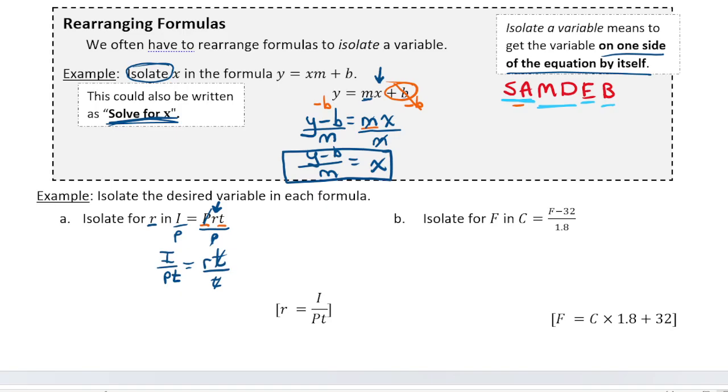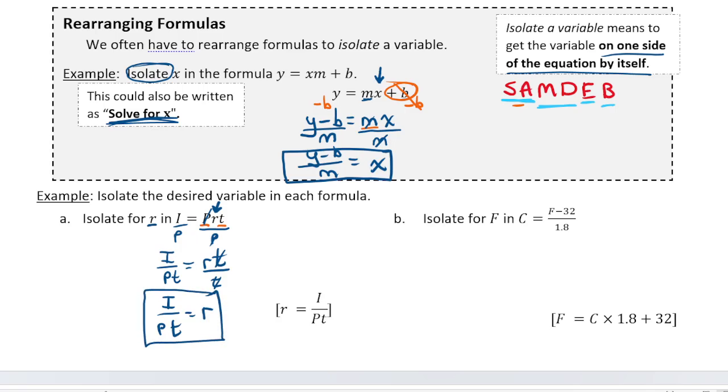If there's already a fraction on that side, we don't do this. We don't want fractions on fractions. That's a mess. So if there's already a fraction over there, it'll just join the bottom because I was dividing. Bottom of the fraction is the same as dividing. So I over PT is equal to r. And that would be our equation that solves for r.